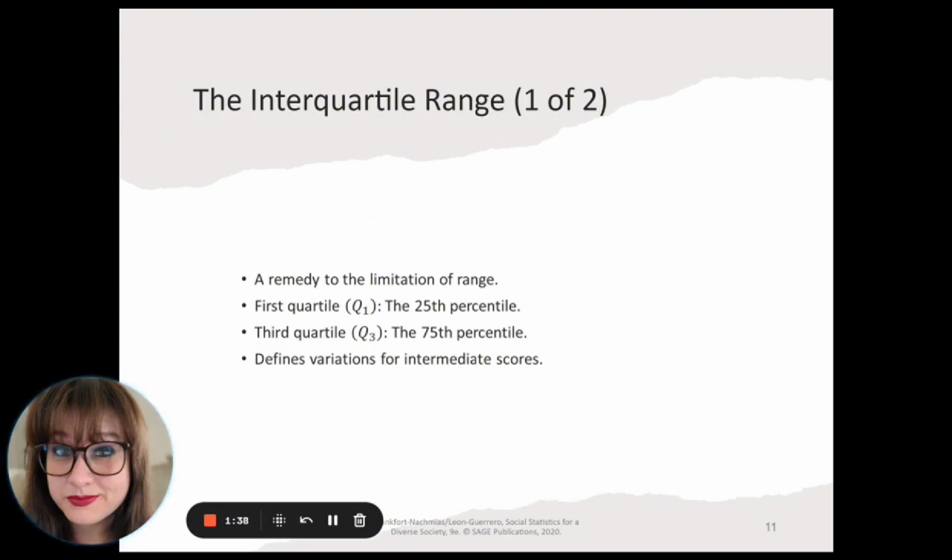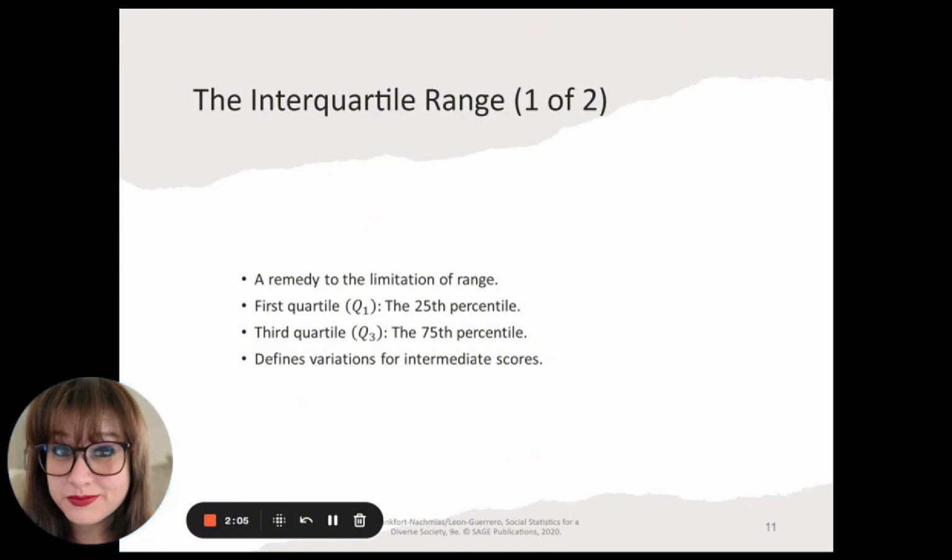And there may only be one score at these extremes. So understanding that there are a lot of limits to the range is important. But moving forward, there are a lot of ways to also figure out the variability within your data set.